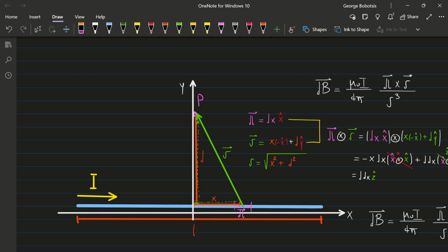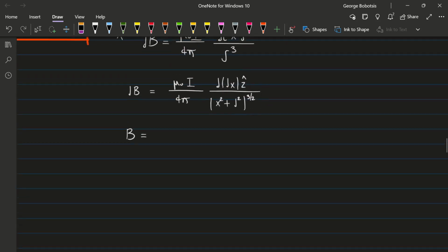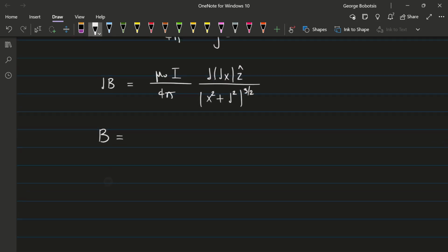It's not that bad of an integral. So at the end of the day, you've got mu naught I d over 4 pi, and then the integral will walk you from negative L over 2 to L over 2, integrating dx over x squared plus d squared to the 3 halves.